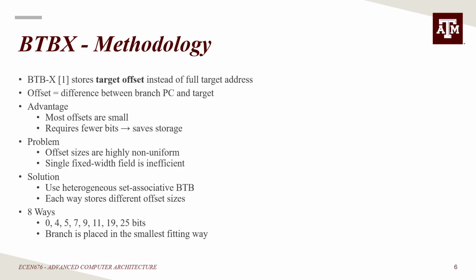However, offsets are not uniform in size, which makes a single fixed width field inefficient. To solve this, BTBX uses a heterogeneous structure where each way stores a different offset size, allowing flexible and efficient storage allocation.